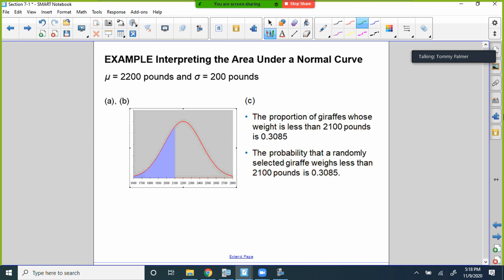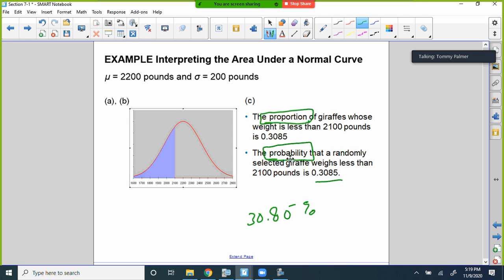But the big thing I want to leave you with is this. You can talk about the area under the curve, this 30.85% or 0.3085, as being a proportion or a probability. Okay? You've got to understand that it's a proportion because it's a ratio, right?